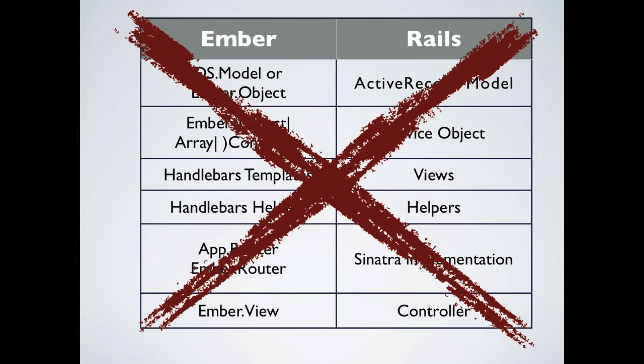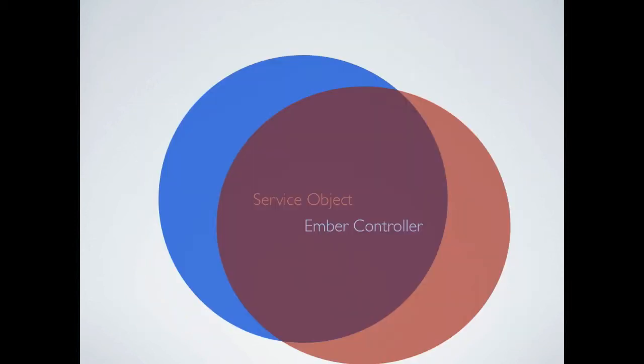Trying to fit each Ember object into the functionality of a Rails object, while helpful for complete beginners, loses so much nuance. Let's say we have a match which is 80%. The analogy 80% works.